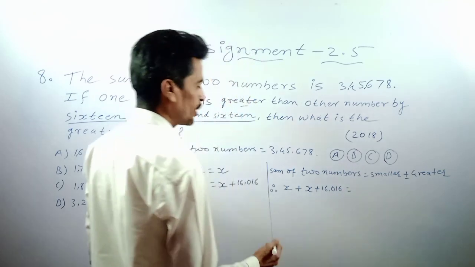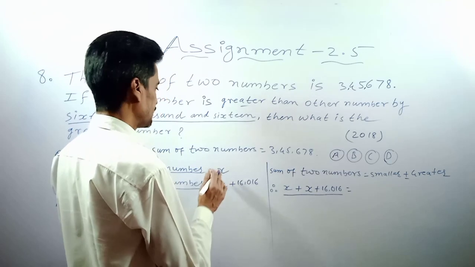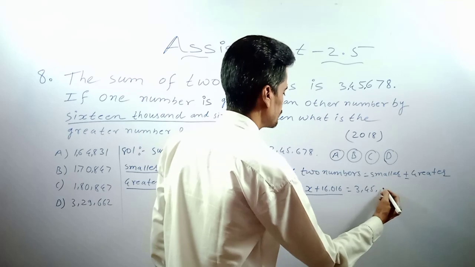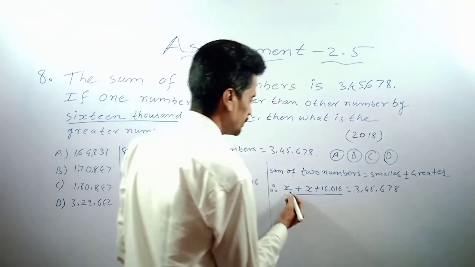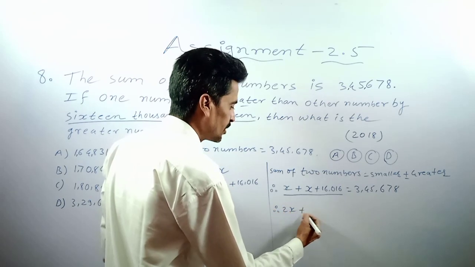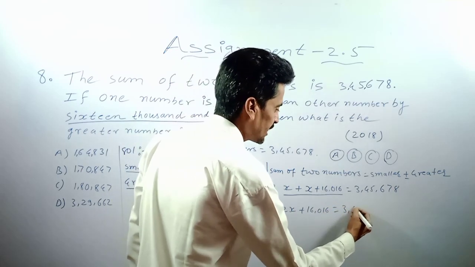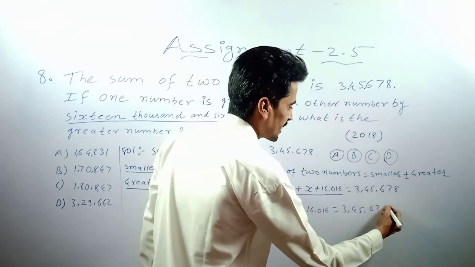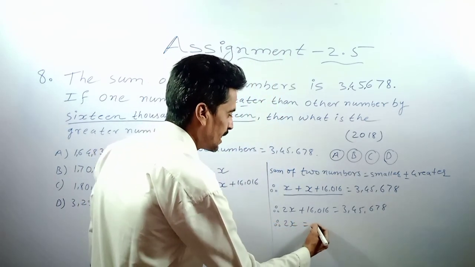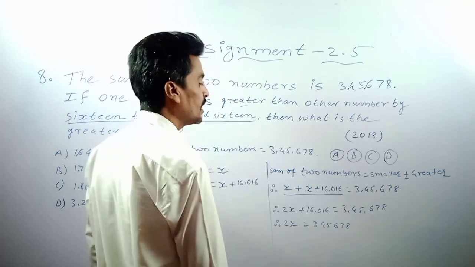And the sum of these two numbers is 3,45,678. So x plus x equals 2x, plus 16,016 equals 3,45,678. 2x is on the same place and 3,45,678 is on the same place.